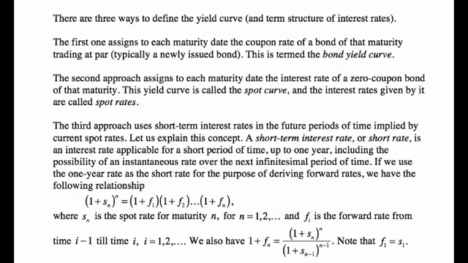There are actually three ways to define the yield curve and the term structure of interest rates, to specify what the interest rate is for various maturities. The first one assigns to each maturity date, each time in the future, the coupon rate of a newly issued bond of that maturity trading at par.